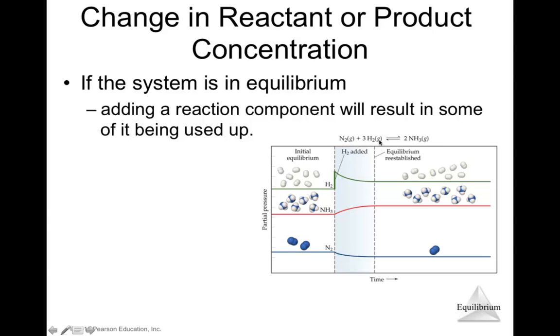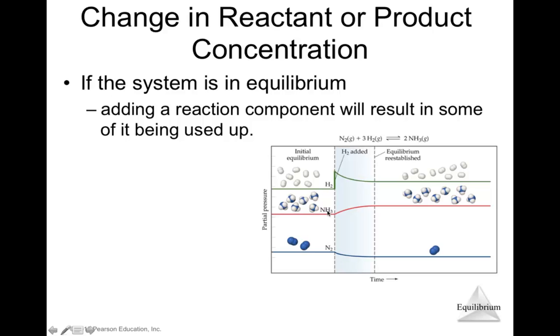If we add more hydrogen to this equilibrium, if we increase the concentration of hydrogen, this will shift the equilibrium to the right because we need to decrease the concentration. The only way to decrease the concentration of hydrogen is shifting the equilibrium to the right. So because of that, we're going to have an increase of ammonia.